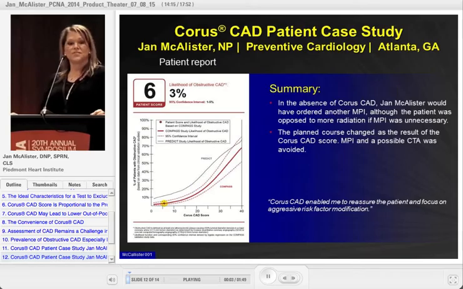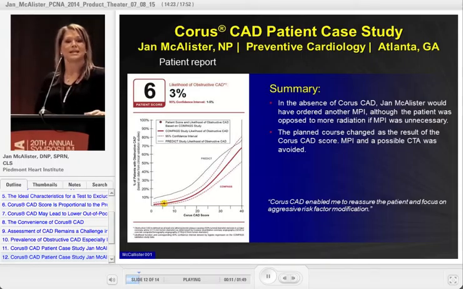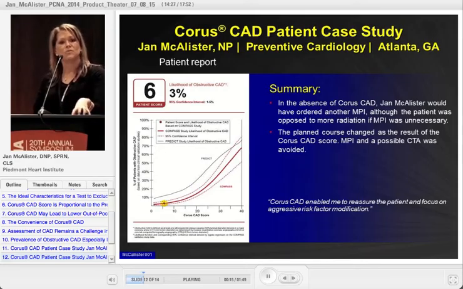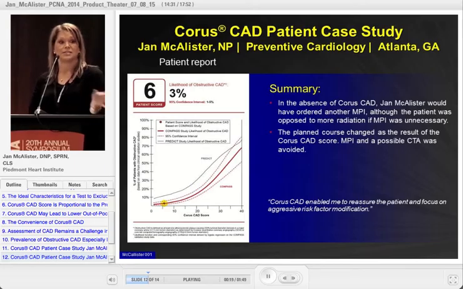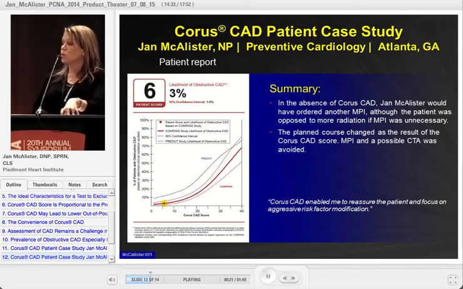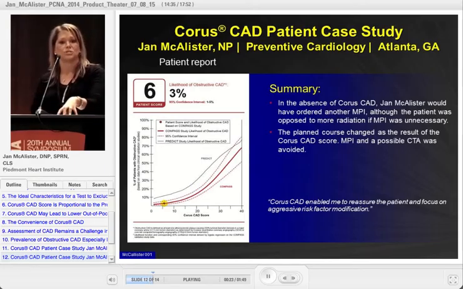So on this follow-up visit with me, I introduced the Chorus CAD test to her. And I said, well, why don't we do this and let's evaluate. Is this something we really need to worry about, being obstructive disease and they need a cath, or can I be assured that we're dealing with something else?